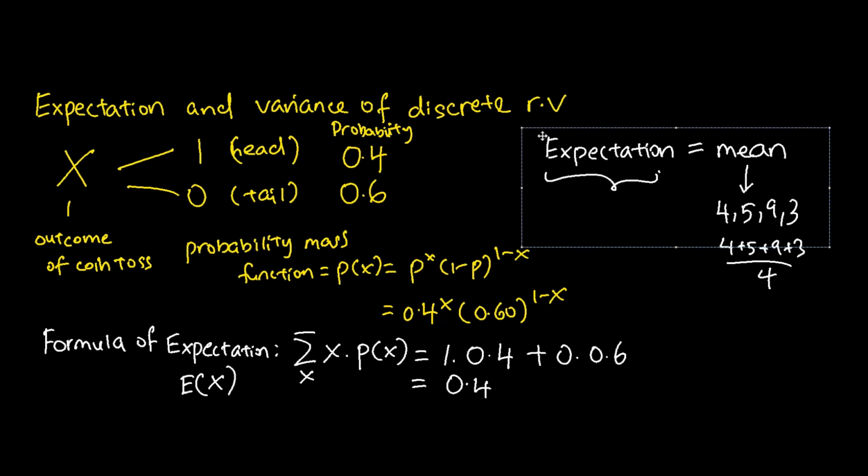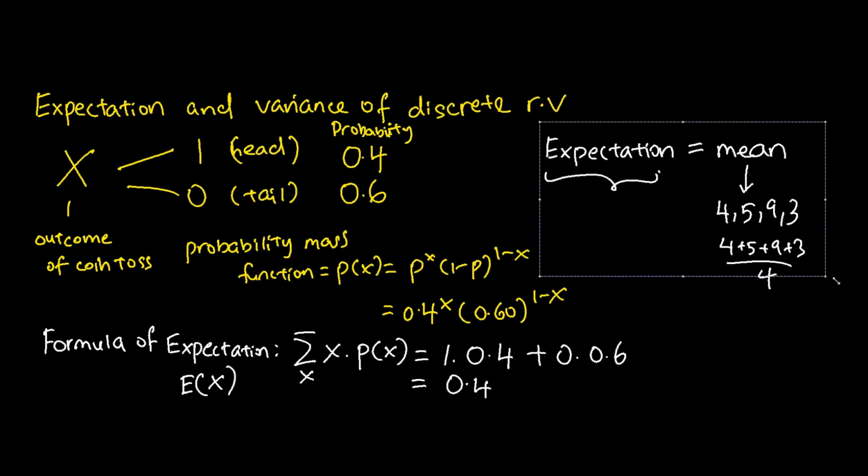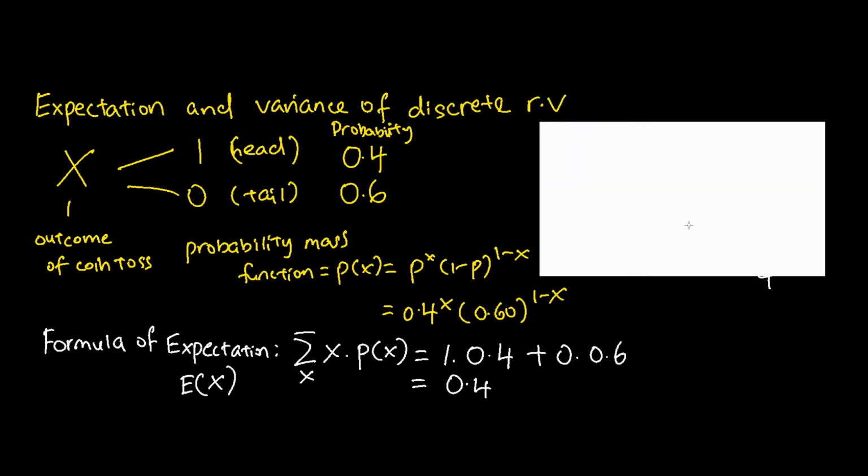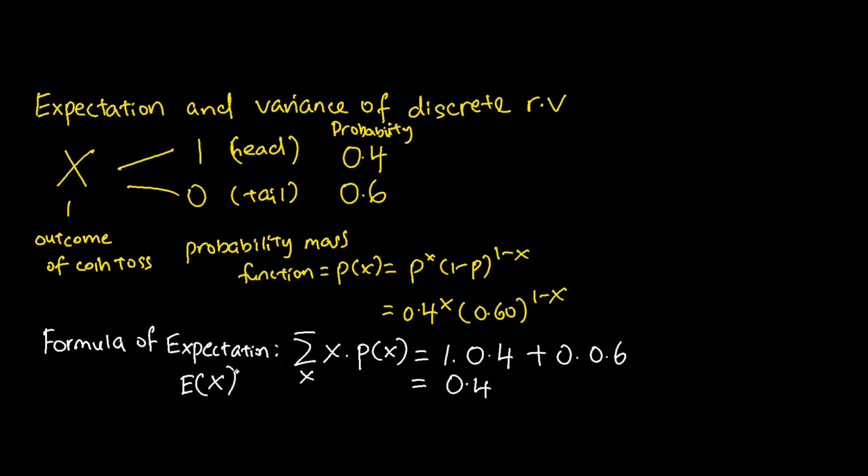So my expected value out of an experiment of a number of trials, maybe 100 trials of outcomes, will give you an expected value of 0.4. So that's what is meant by expectation.